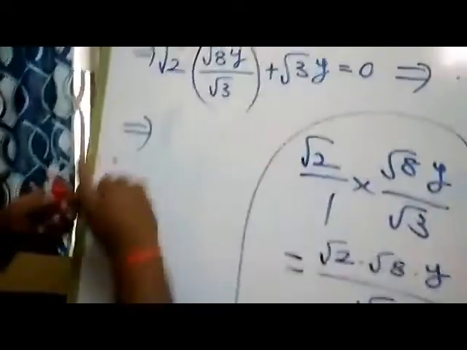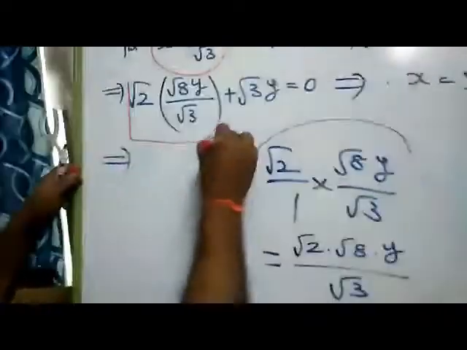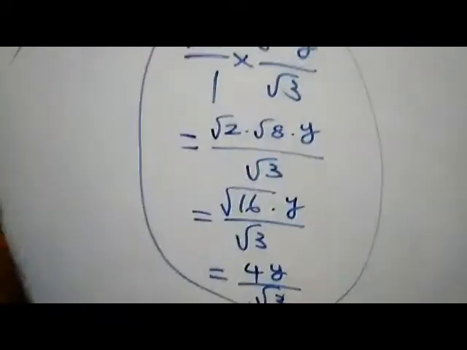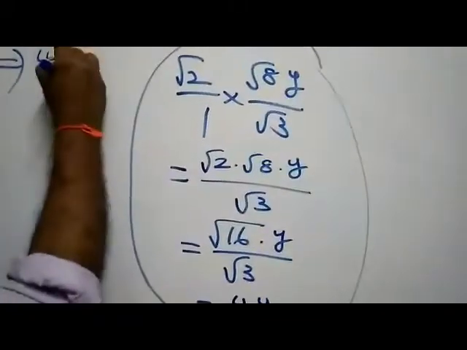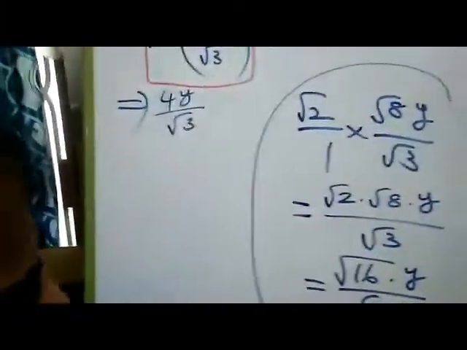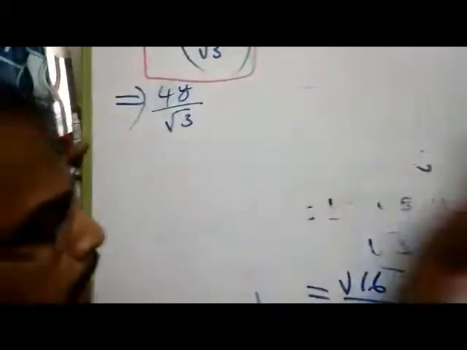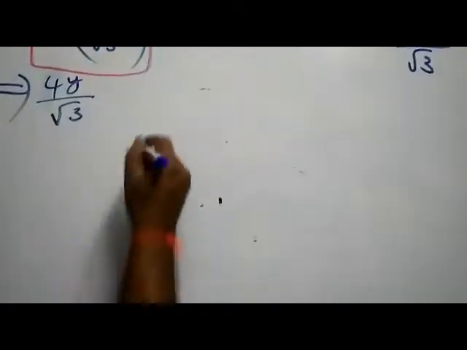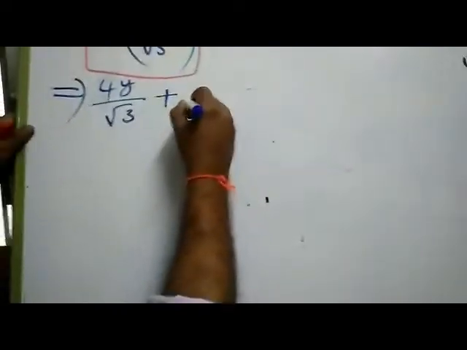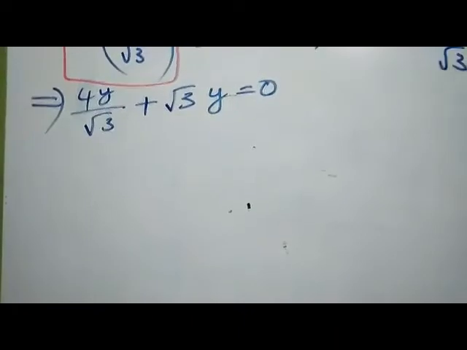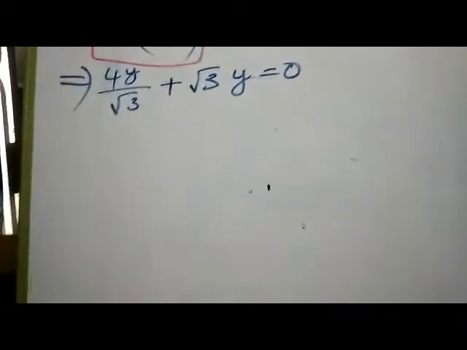So if you simplify this full part, then automatically this will be 4y by root 3. 4y by root 3 plus root 3 y is equal to 0.